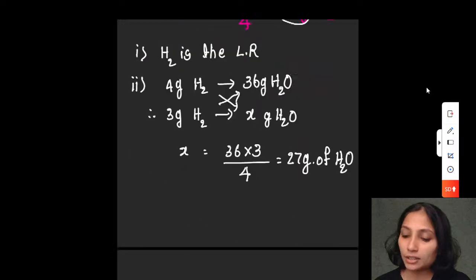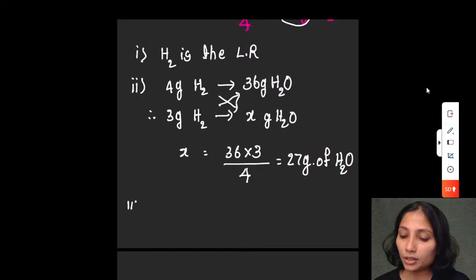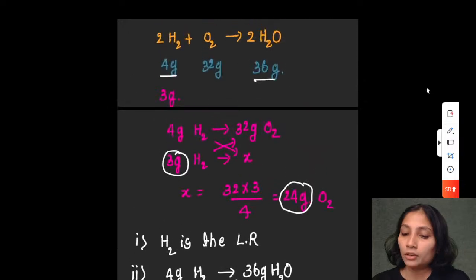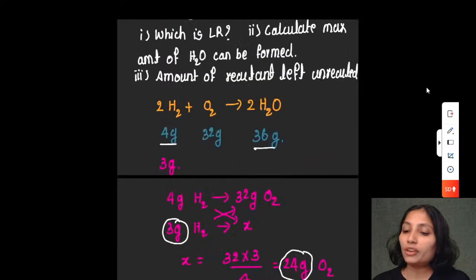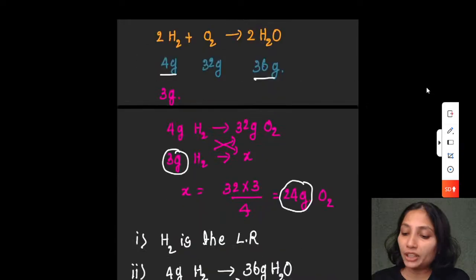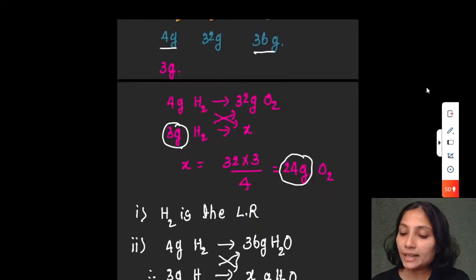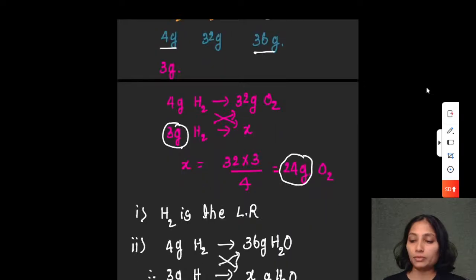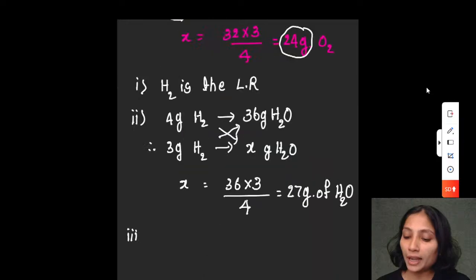And the last question, the third question, is the amount of reactant left unreacted. If 3 gram of hydrogen reacts, it requires only 24 gram of oxygen. And how much oxygen do I have?